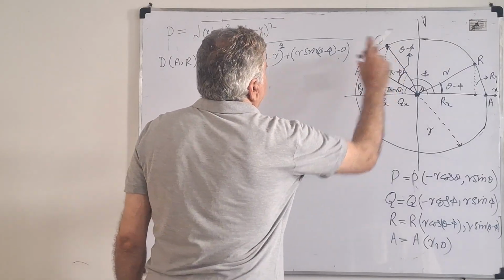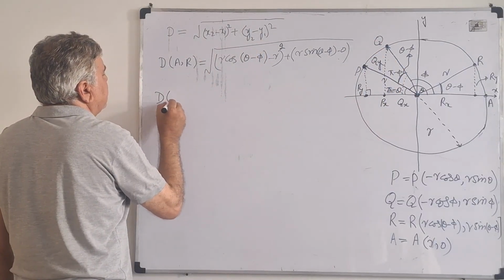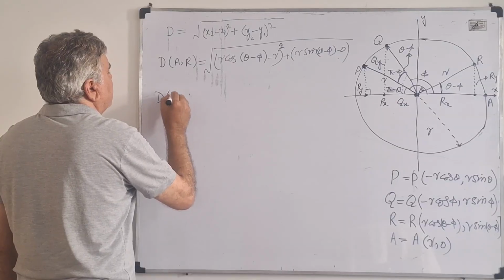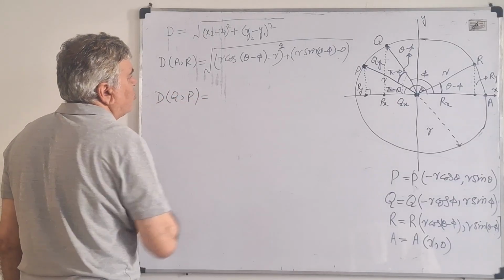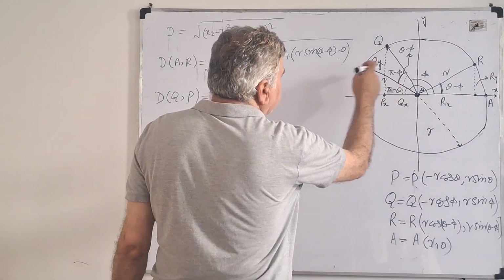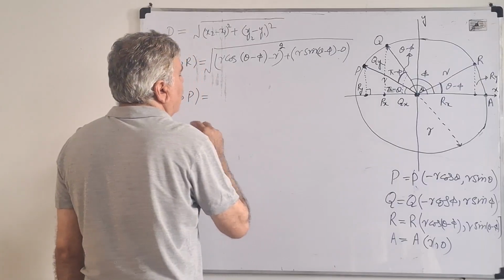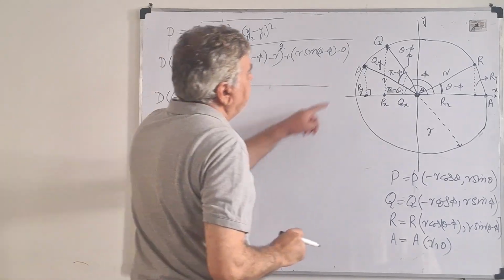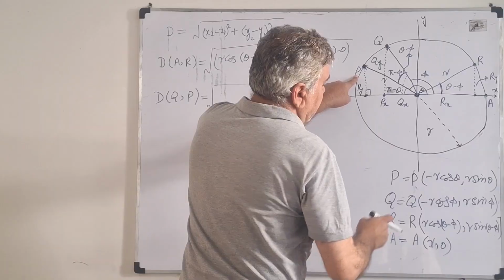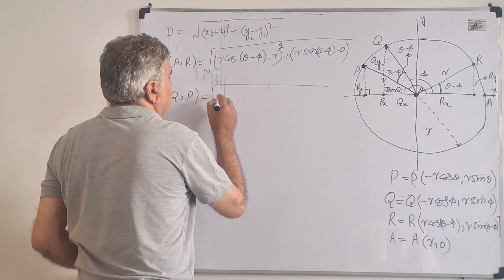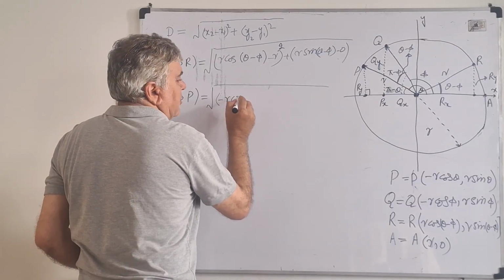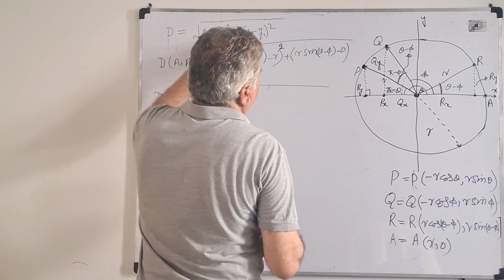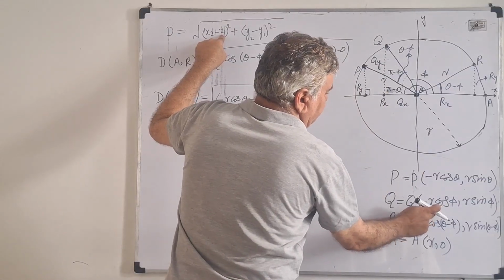Similarly, the distance between these two points, Q and P, is given by the same equation. The x coordinate of P is minus r cos theta, and x1 is the coordinate of Q, which is minus r cos phi.